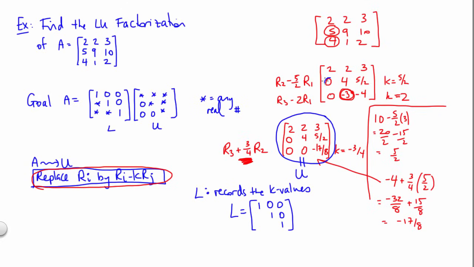So when we got a 0 in this position here, the k value that we used to achieve that was 5/2. So that 5/2 is going to go into that appropriate position, the position where we were creating the 0. To create a 0 in this position, we used a k value of 2, so that goes in the bottom left, and we used a k value of -3/4 to create a 0 in this position here.